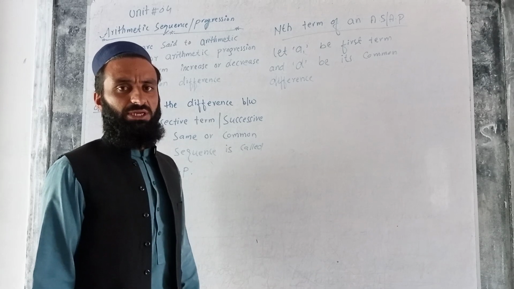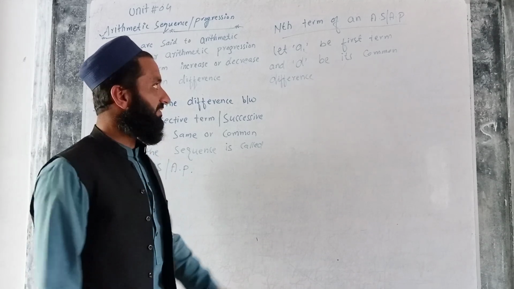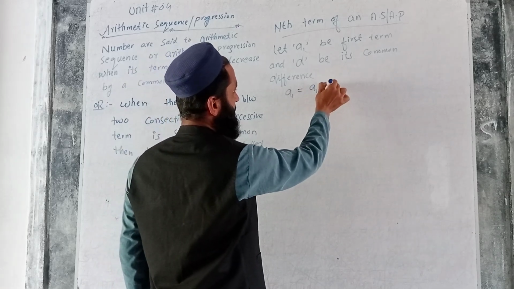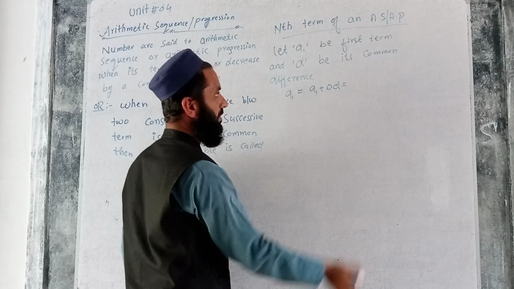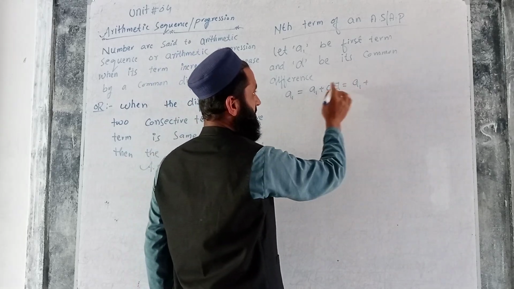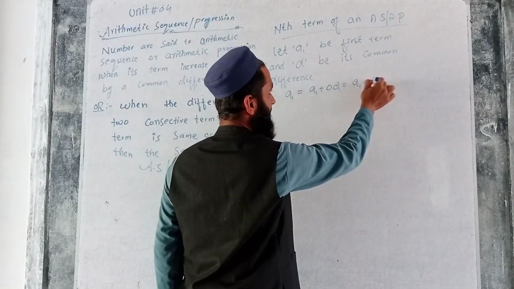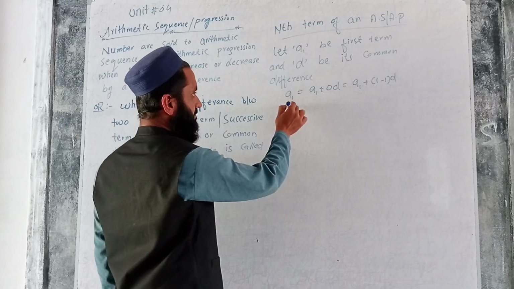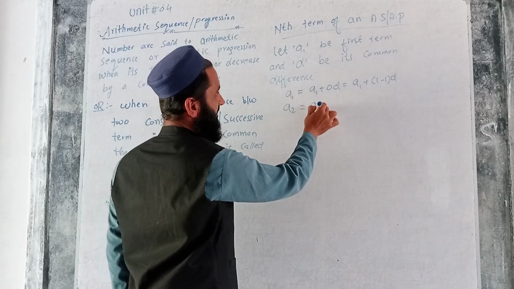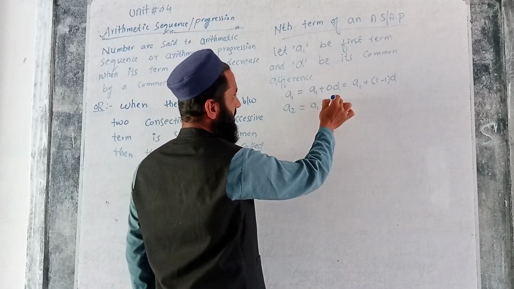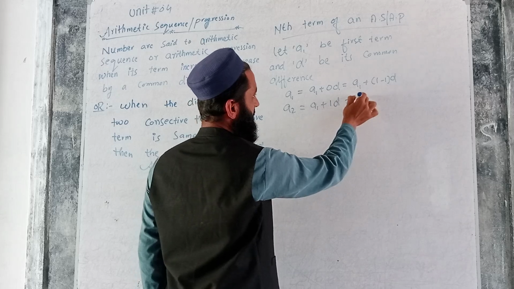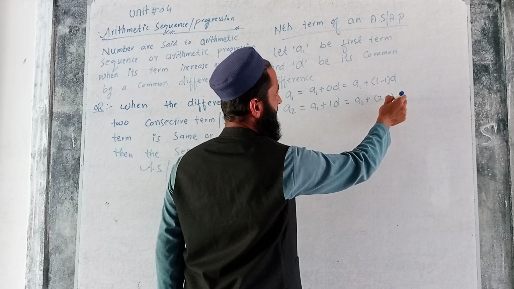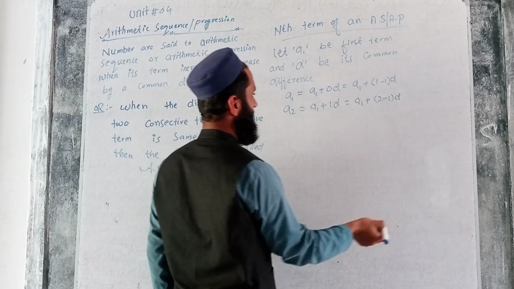Then the consecutive terms of an arithmetic sequence are given by A1 is equal to A1 plus 0D, which is equal to A1 plus 0. We can write it in the form of 1 minus 1 into D. A2 is equal to A1 plus 1D, which is equal to A1 plus 1. We can write it in the form of 2 minus 1 into D.